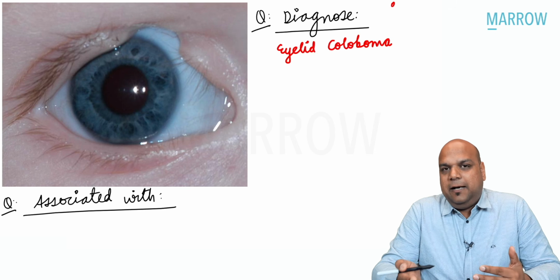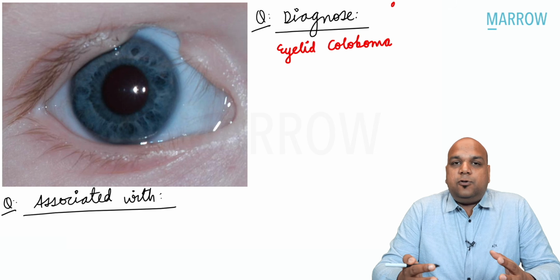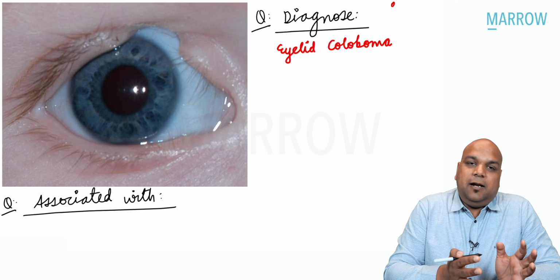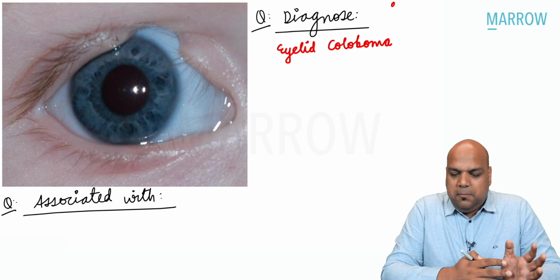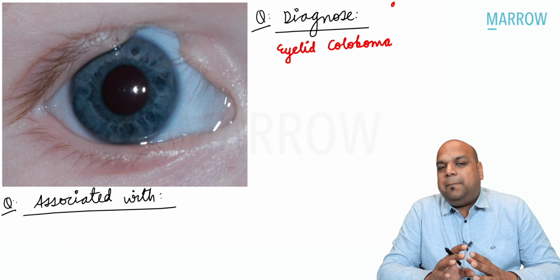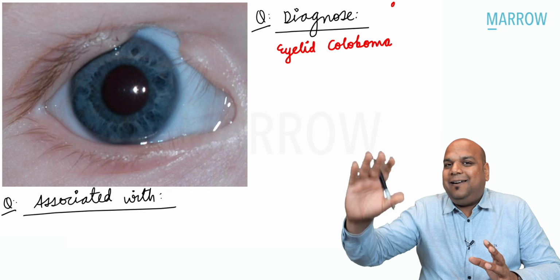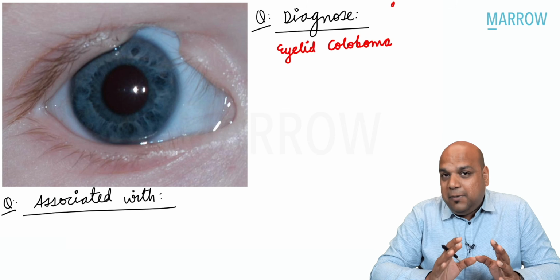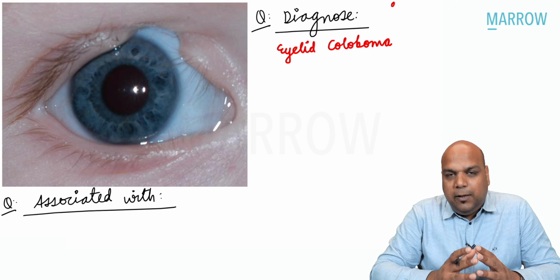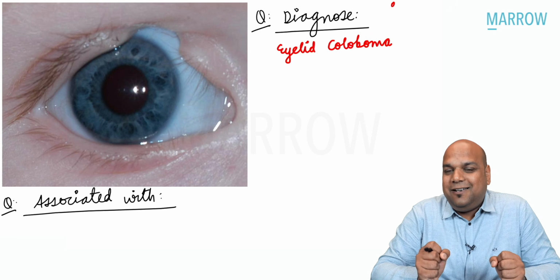Eyelid is an appendage. Eyelid is not the eye. So the colobomas of the eye are congenital malformations, but the eyelid colobomas are absolutely different. They are under the cleft lip, cleft palate kind of pedigree. Am I making myself very clear? Even though both of them are colobomas, the cause is different.